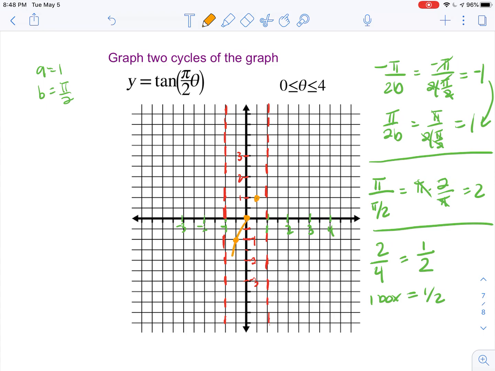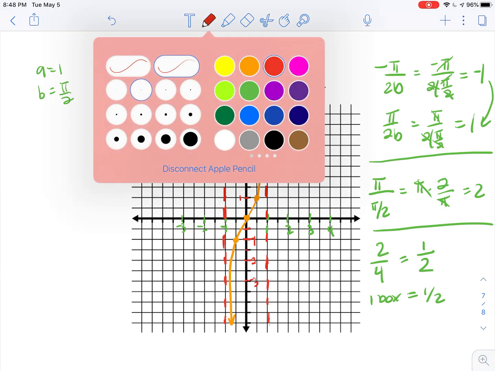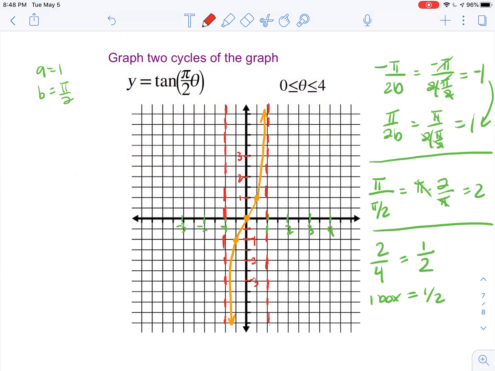We follow the pattern. Asymptote, -a, 0, +a. Connect, arrows, connect, arrows. Repeat the cycle until we get to 4. So how many boxes to the next asymptote? Another 4. 1, 2, 3, 4. Or think of it, it's 2 units away.